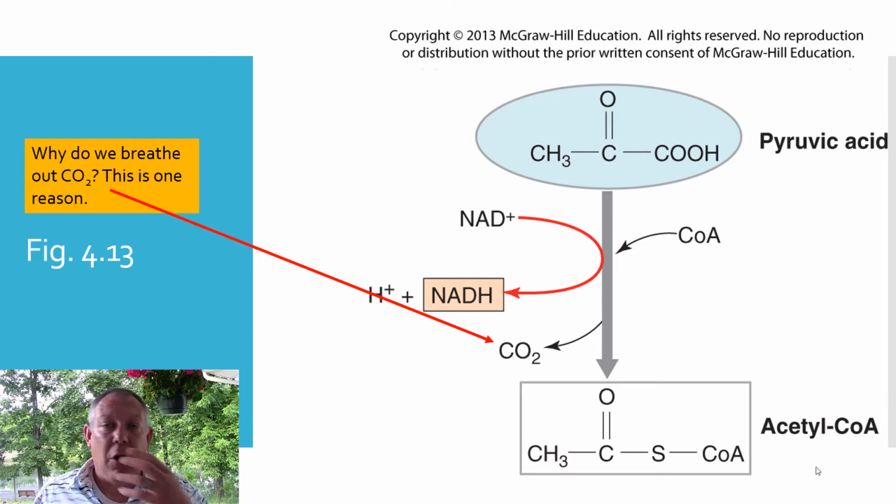So that carbon dioxide you're breathing out was in a glucose molecule at some point, but when that glucose got broken down and converted to pyruvic acid, and the pyruvic acid got converted to acetyl-CoA, you had an extra carbon you got to get rid of. Just breathe it out.